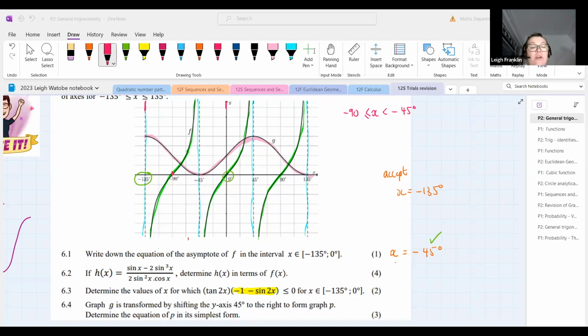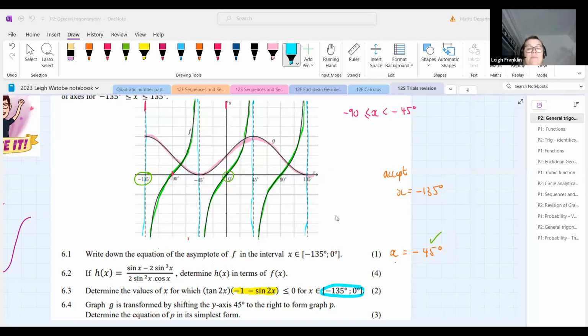Because, Jamie, they told us that our interval, look here, our interval is only between negative 135 and 0. So we can't look to anything to the right of the y-axis. Okay, that's why. If they hadn't given us that restriction, then we could have. If they said between negative 135 and positive 135, then we could have, but we can't.